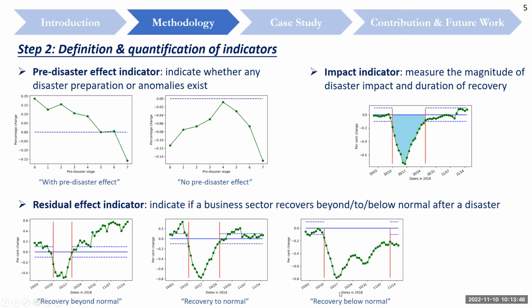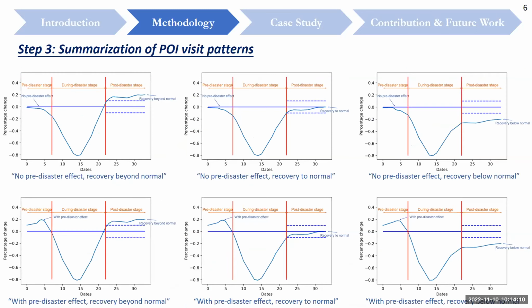We can simply imagine that in some circumstances, if the impact is really high and takes a very long time, and it has a destructive impact on a certain area or sector, then in the short term, for example 1 month, 2 months, it will be very hard to get back to the previous active level. So with this definition, we can define 6 different patterns for a specific geographic area and a specific sector.